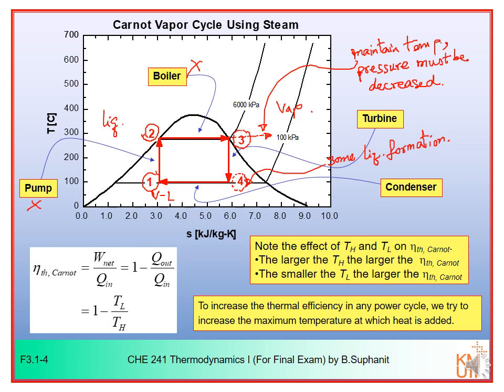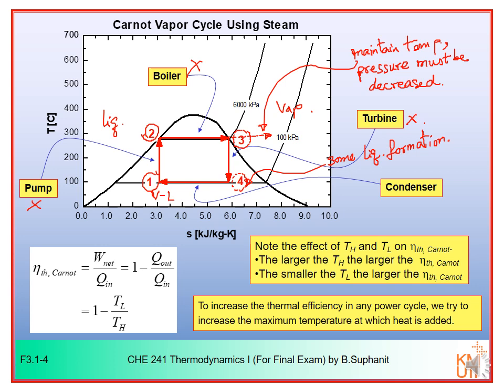If you have liquid formation, the liquid droplet, which is the incompressible liquid, will move at the same velocity as well. So when it spins at a very high velocity, liquid can impinge or hit the impeller blade or turbine blade, and it can damage the turbine blade during the expansion. So this is not acceptable in practice as well.